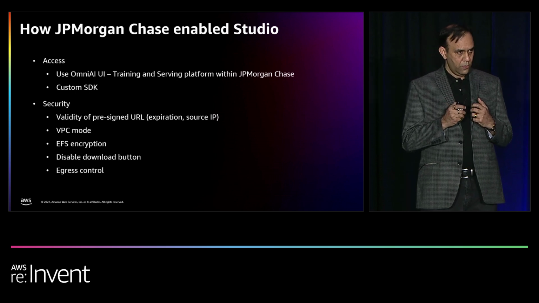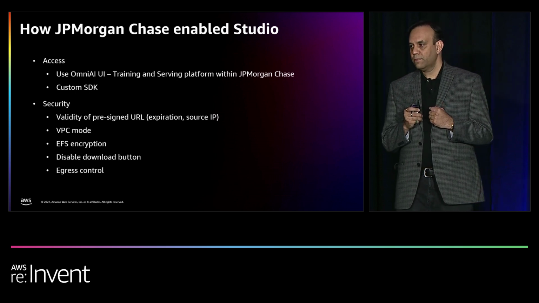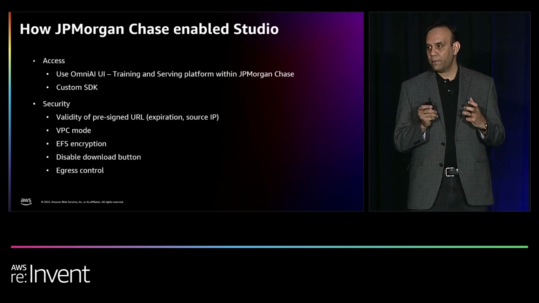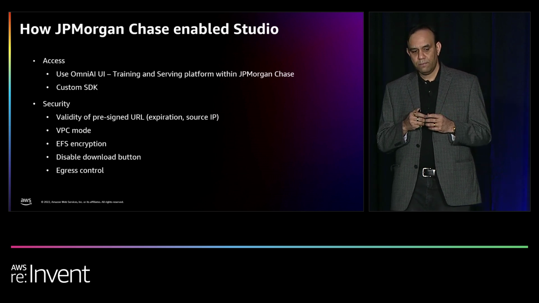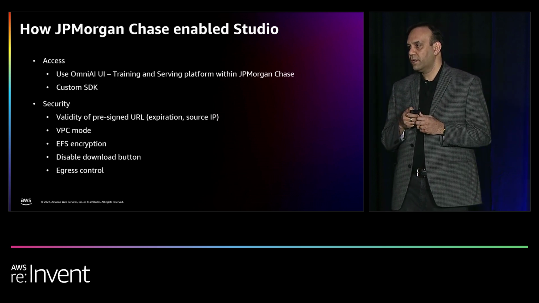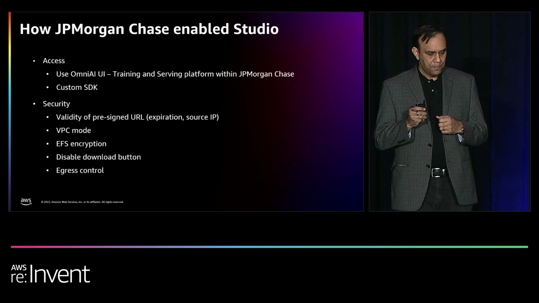We also had to control the egress from Studio Notebook. So the egress is allowed only for the known network paths. So we had to do a bunch of things to make Studio Notebook more secure in the Chase environment.